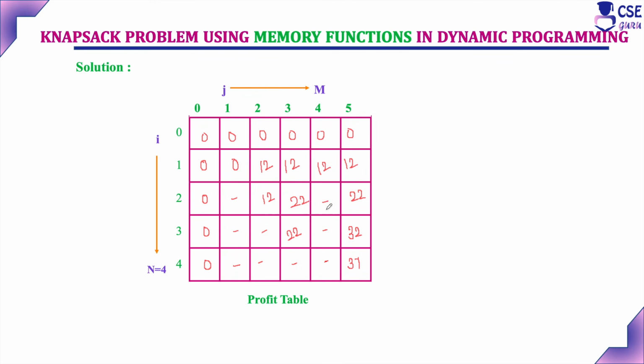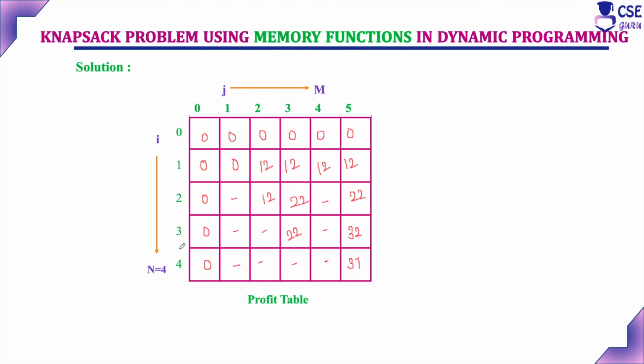But in the previous method, there is a top-down approach. We started from the initial solution and tried to find for each object. We considered each object and tried to find the profit for each set. That is 1, 1, 1, 2, 1, 3, 1, 4, 1, 5. Next, we considered the second object and computed the profit for each set at the second row.